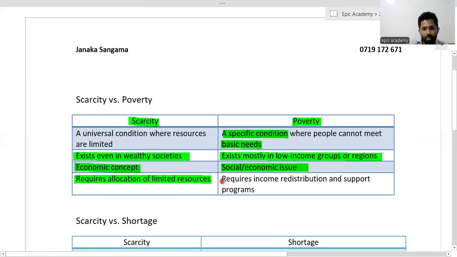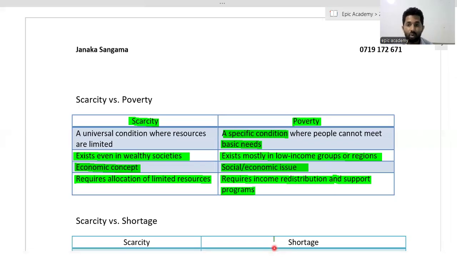Poverty requires income distribution and support programs. As examples, poverty alleviation programs conducted by the government, donation programs, aid programs conducted by the World Food Organization, the United Nations, the World Health Organization.